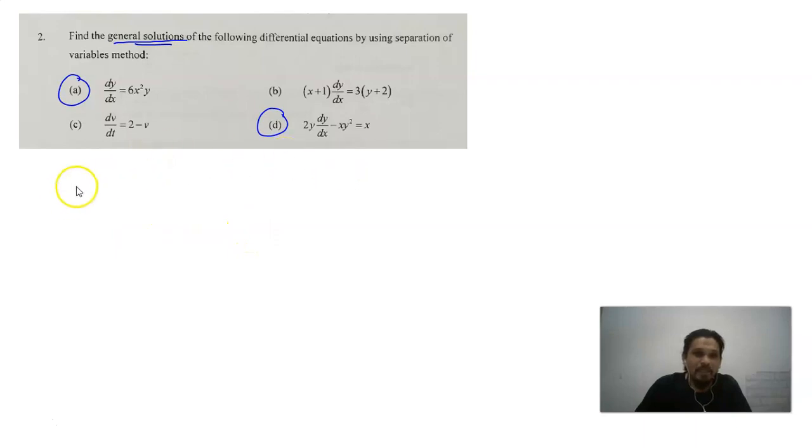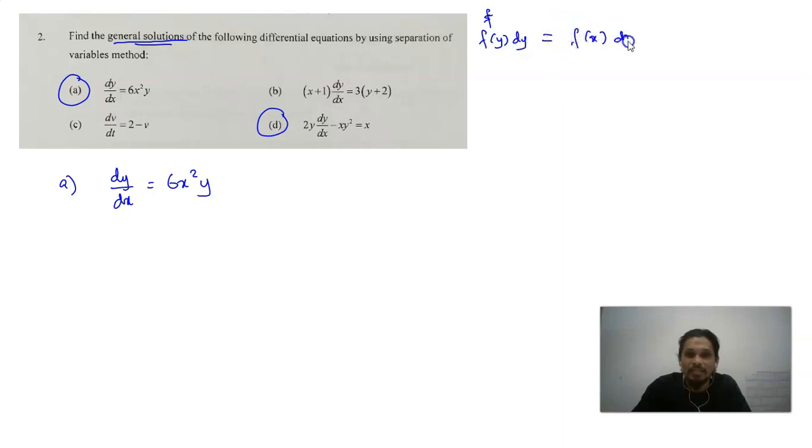Okay, so for example, for question number 2a, we got dy/dx equal to 6x squared y. So on the left side, we're trying to come up with a function of y, f(y) dy, and here is an f(x) dx.